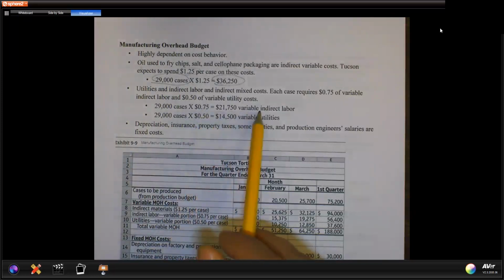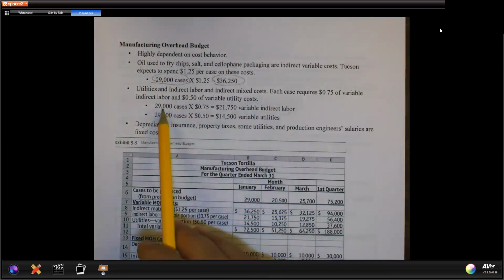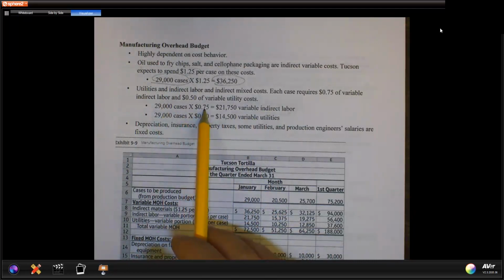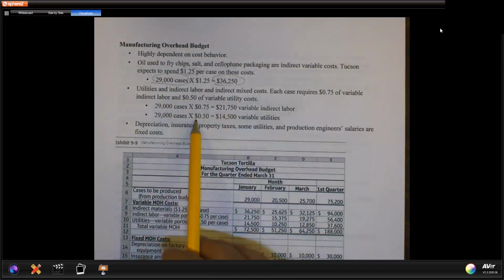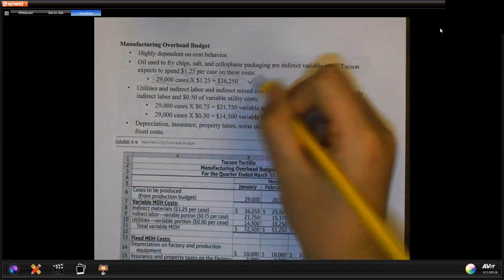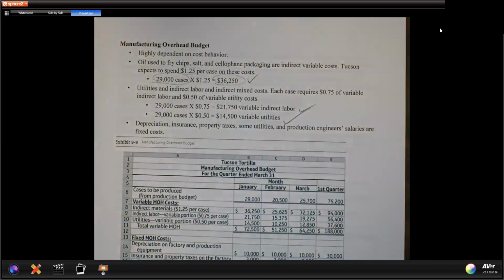For indirect labor, for one case, we need 75 cents. For the utility, for one case, we need 50 cents. So we got those three parts: indirect material, indirect labor, and other manufacturing overheads such as the utility.